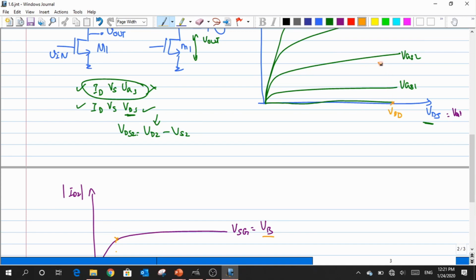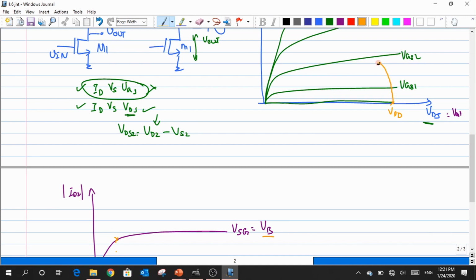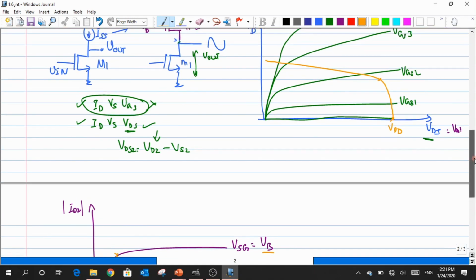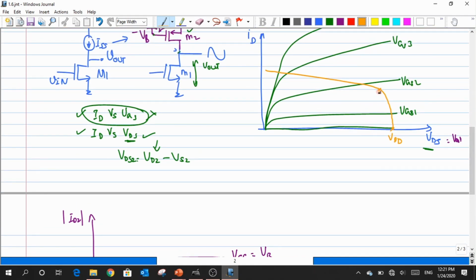I'm just randomly picking, so it would be something like this, and after that the graph would be somewhere like this. Is that all clear? So this entire graph is being mirrored onto the top graph, which looks something like this, and this value is marked as VDD minus VOV2. Is that all clear? Yeah.